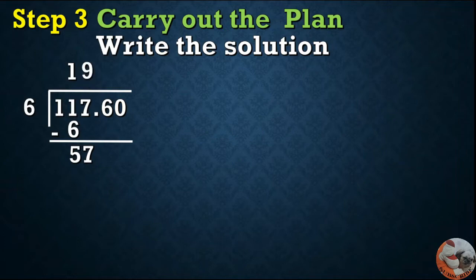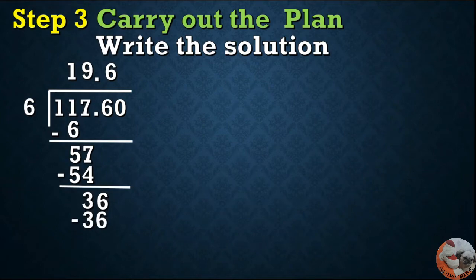So 9 times 6 is equal to 54. 57 minus 54 is equal to 3. Then bring down 6. Place a decimal point. How many 6s are there in 36? We have 6. So 6 times 6 is 36. Subtract, you will get 0. Then bring down 0. Then 0 times 6 is equal to 0.